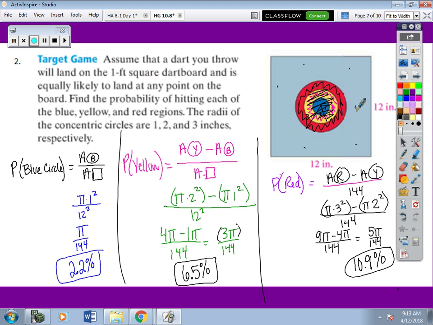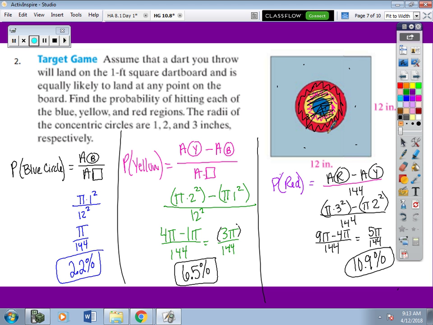Jeremiah? I just have a question. Yes. Shouldn't we subtract the middle part too? Okay. If you are thinking of that, then you would be subtracting the yellow ring and then the blue circle. I'm saying just subtract the whole yellow circle, which has yellow hiding underneath the blue. So I'm not subtracting just the yellow ring.